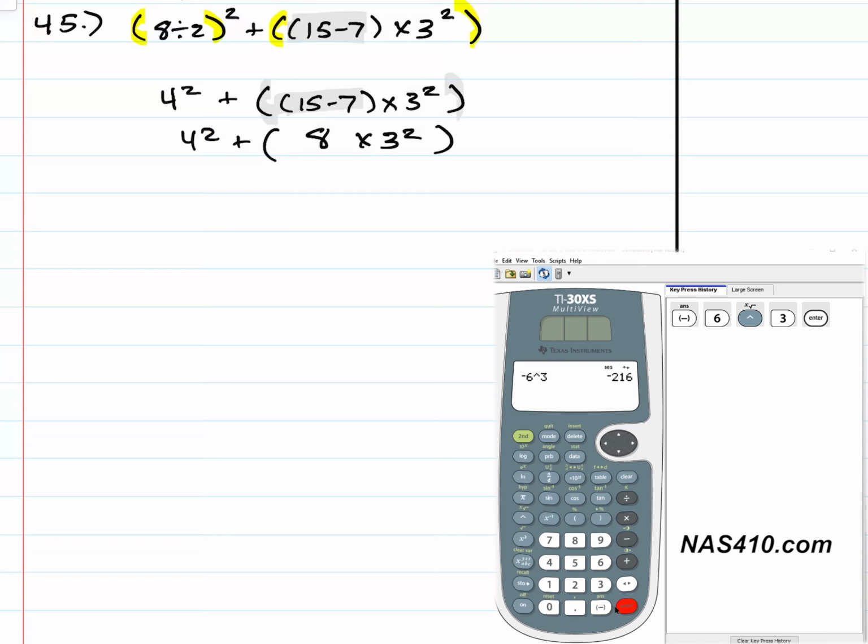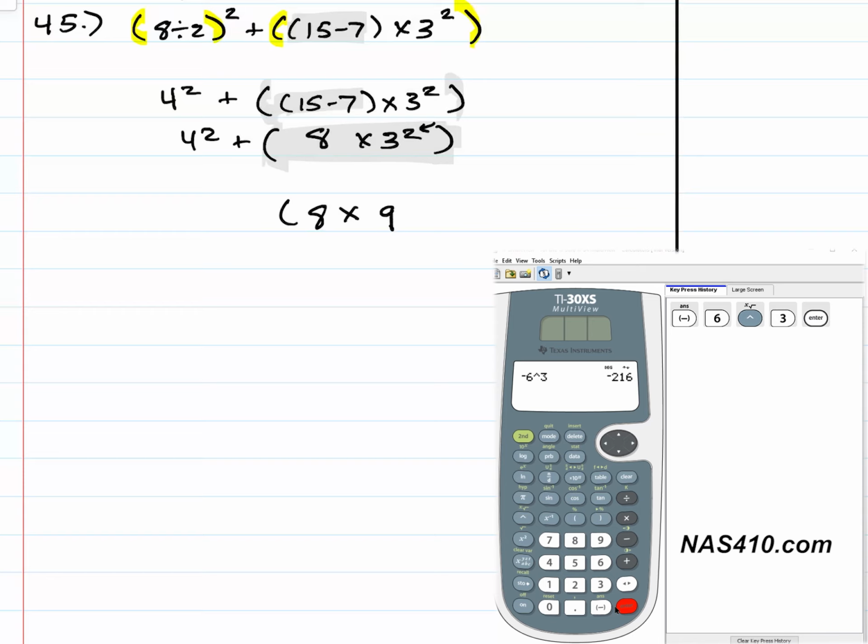All right, so now I'm still tackling these parentheses here, and within that, the order of operations applies, so I have to tackle this exponent. And so what I end up with here is 3 squared, which is 9.